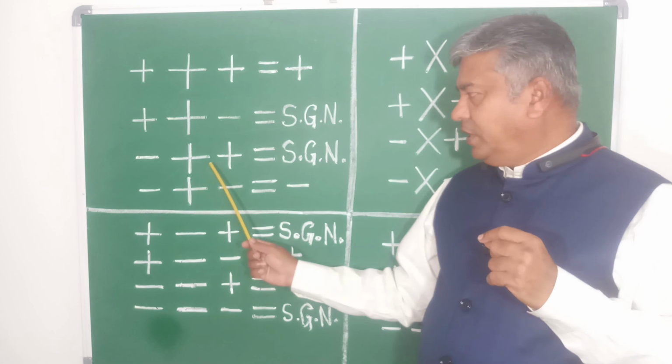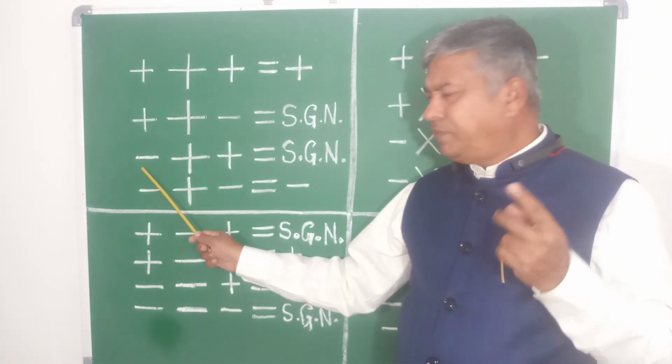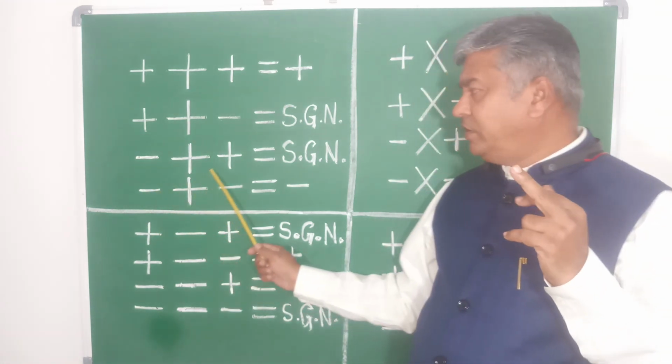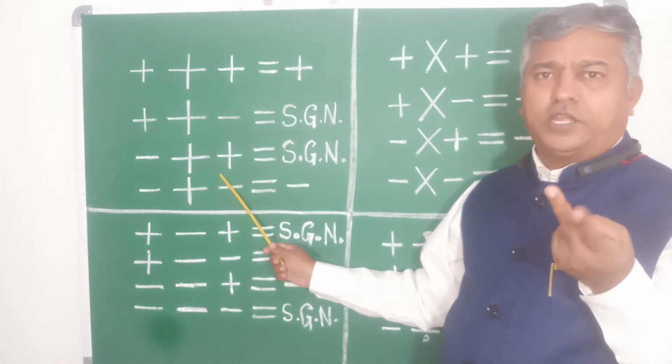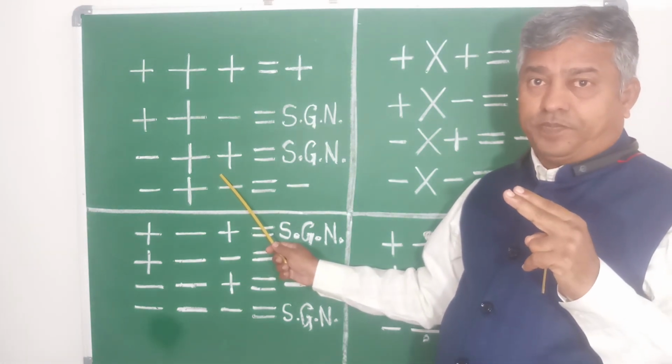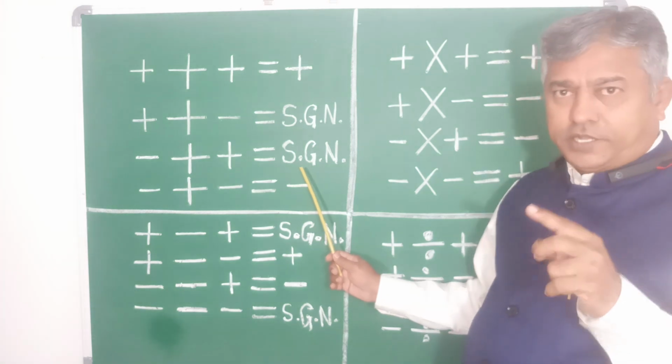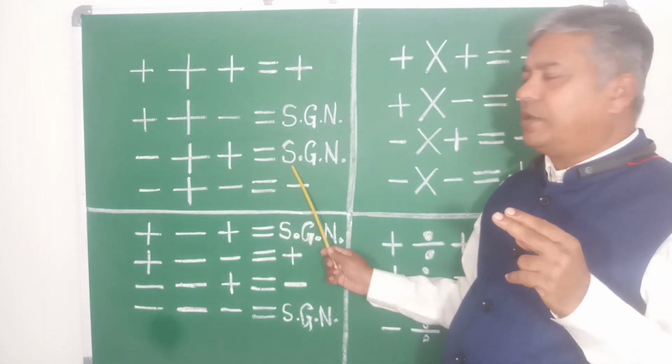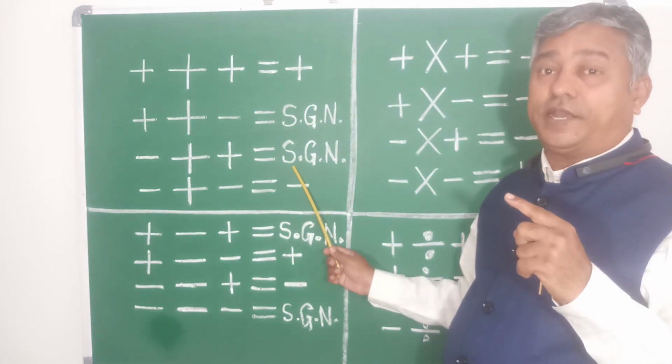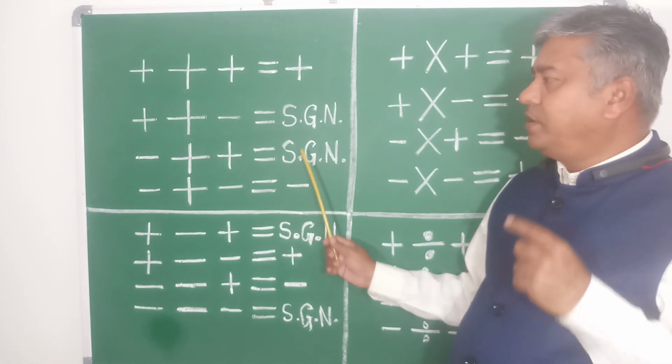Okay. In the same way, if the first number is negative and the second is positive, then their addition should be subtracted and taken here the sign of the greater number. Okay.